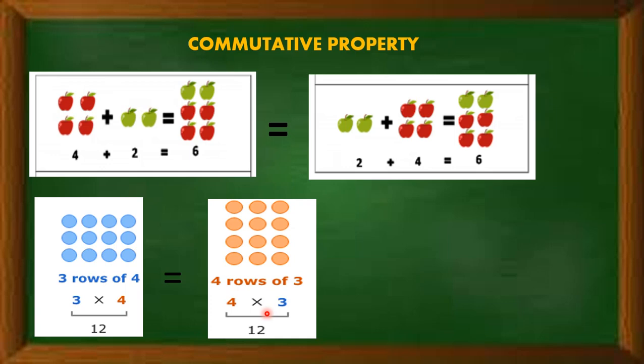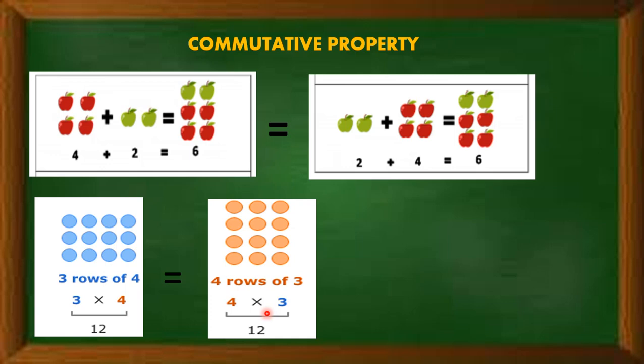So we can say about the commutative property that if we have two integers a and b, then a plus b is equal to b plus a, and in the multiplication process, a into b is equal to b into a.